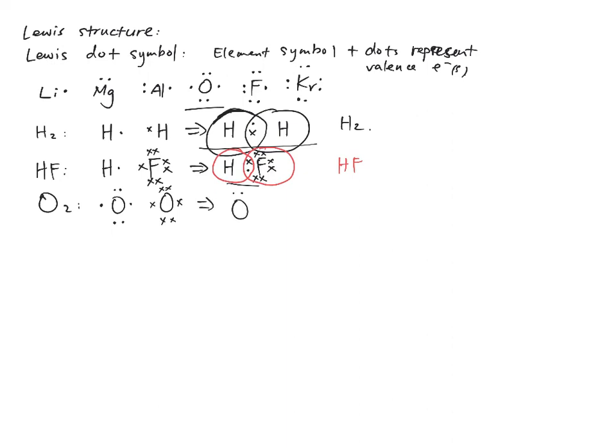But of course, both of them realize that if I'm only sharing one pair with you, then neither of us is getting an octet. Sharing one electron means adding one electron to me. I have 6, adding 1 is going to give me 7 electrons. Who the hell needs 7 electrons? I want 8. But no problem. I have another electron. You have another electron.